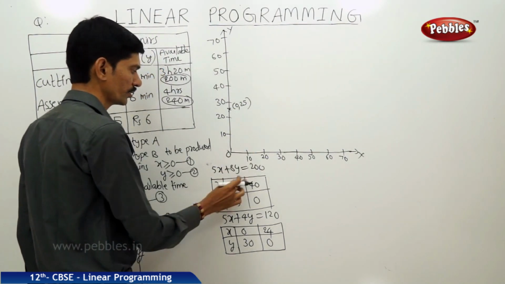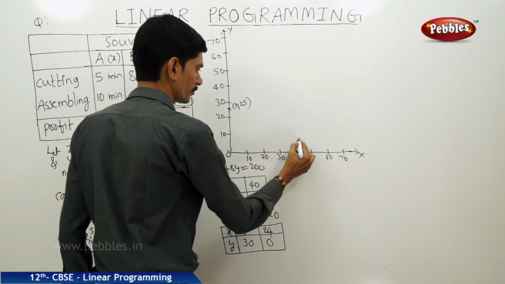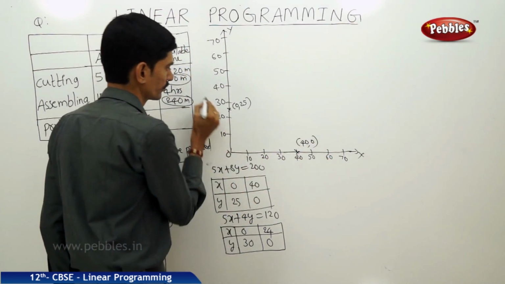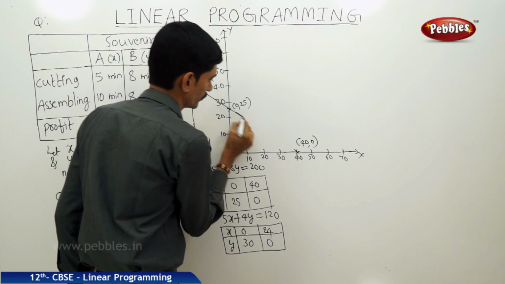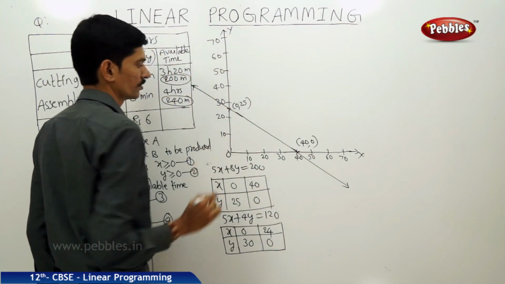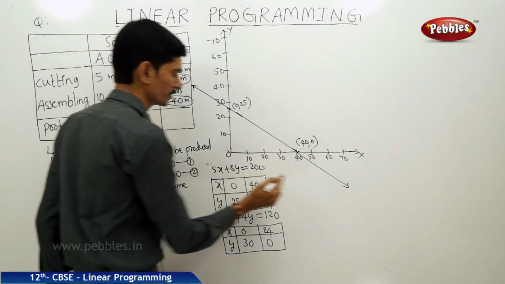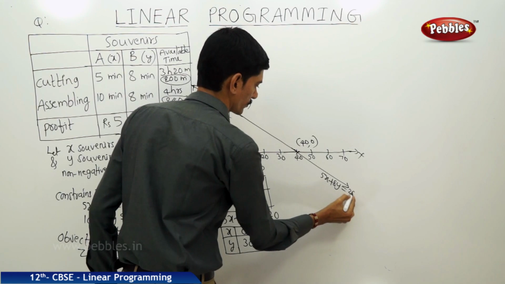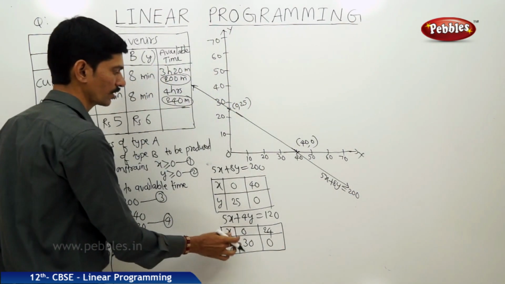Now the next one is 40, 0. So this straight line is 5x plus 8y equal to 200. Next one is 0, 30.